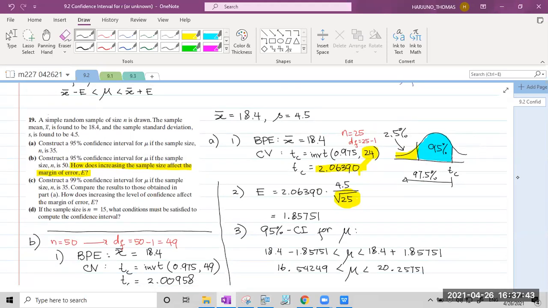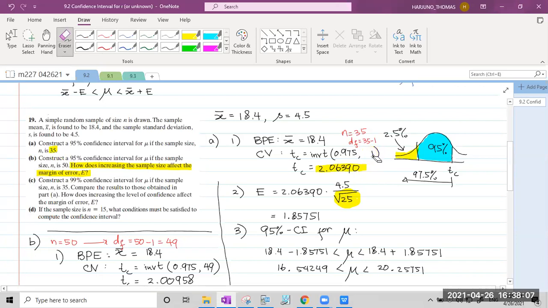Oh shoot, I made a big mistake here. I read it wrong. It should be 35, not 25. Let me fix that. So this n should be 35, so the degree of freedom will be 34. A lot changed.